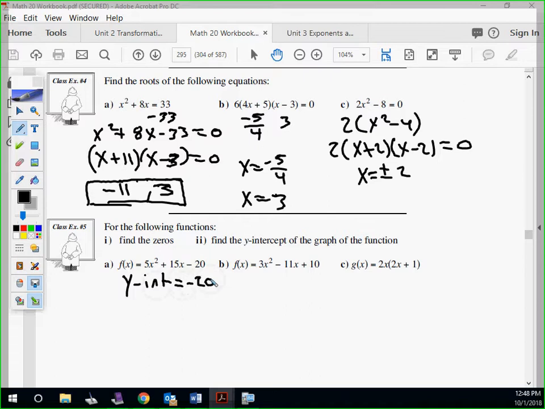How about for B? 10. And C? So I put a 0 here, everything's 0, right? Yep. So remember, to find the y-intercept, you just put 0 for x and you figure out what's left. Okay, that's all you have to do.